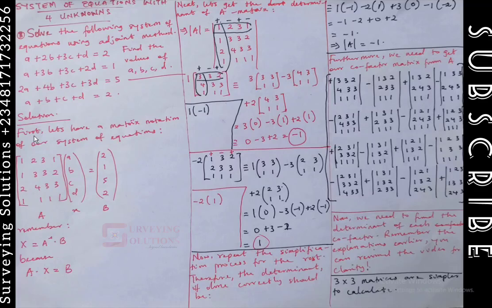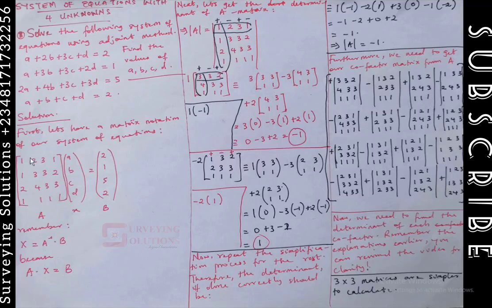The first thing we are going to do is to have a matrix notation of our system of equations. When you look at equation 1, we have a plus 2b plus 3c plus d equals 2. For a matrix notation, we extract the coefficients of each of the unknowns, and these will form our A matrix.